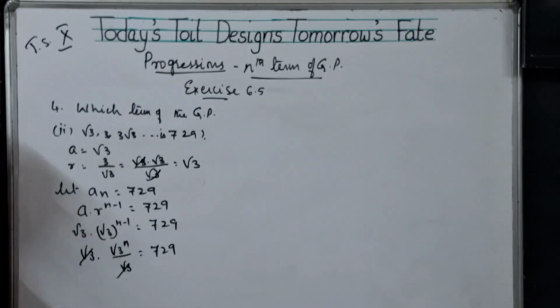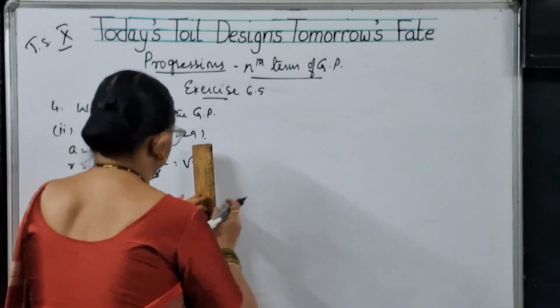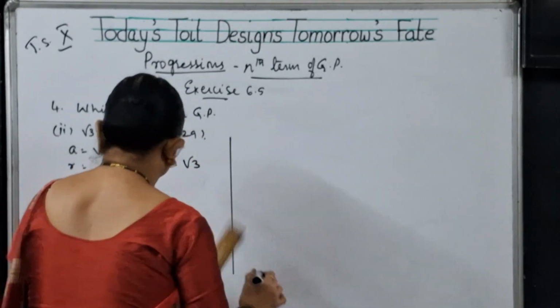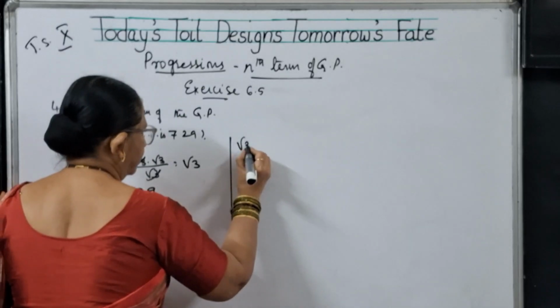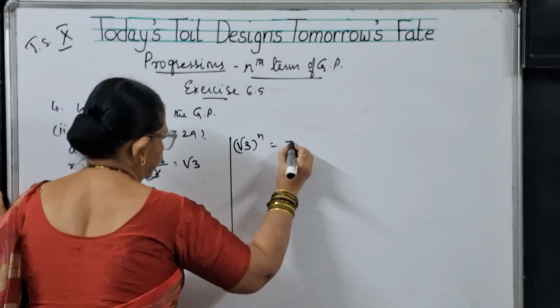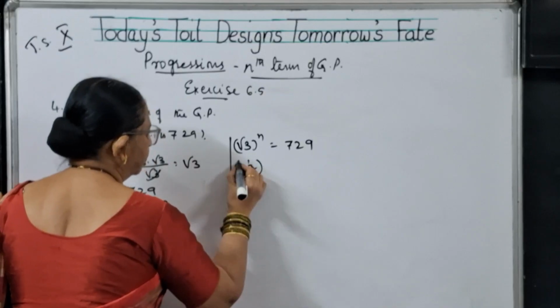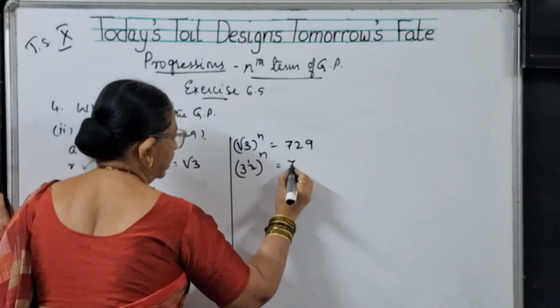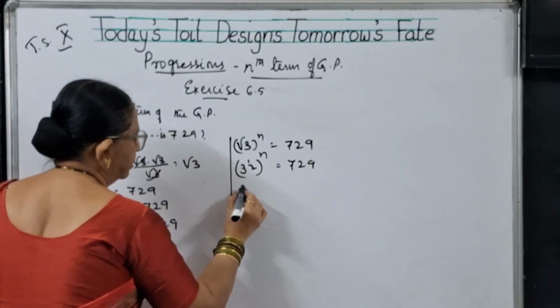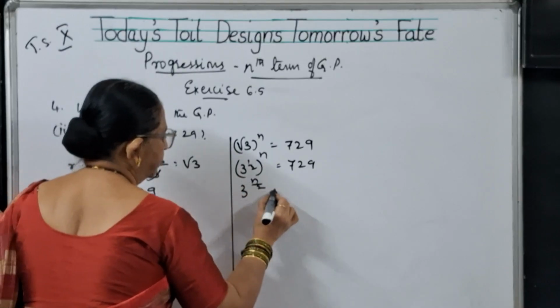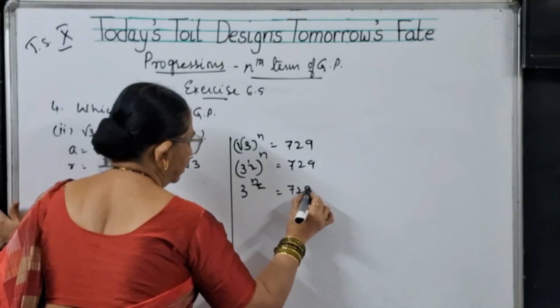If you do like this, it is equal to 729. Root 3 will get cancelled. So what are you getting? Root 3 to the power of n is 729. Root 3 can be written as 3 to the power of 1 by 2, whole to the power of n is 729. That means 3 to the power of n by 2 is 729.